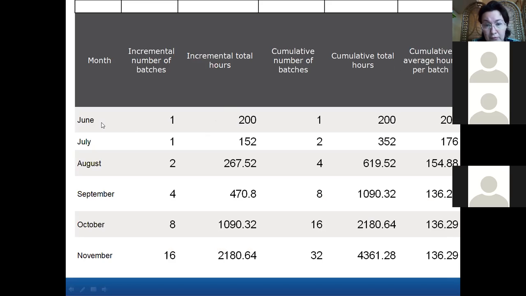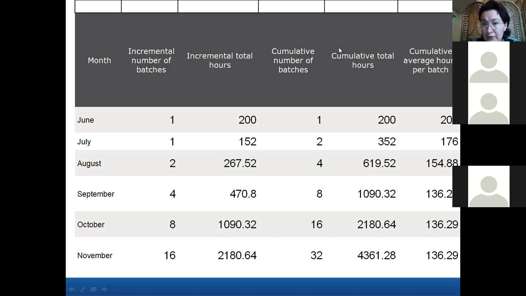For example, for June, it is one batch. For July, two batches, because we have to sum up the number of batches produced in the current month and in the previous month. And doing it this way, we can get the cumulative number of batches.